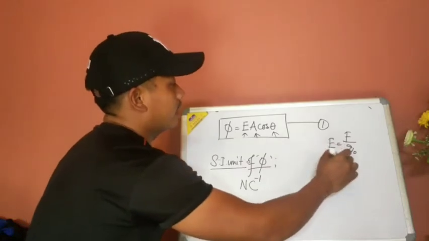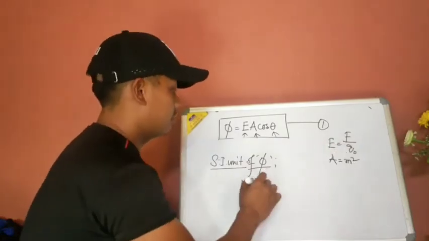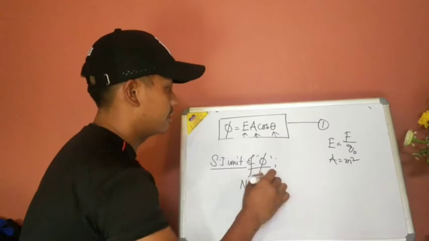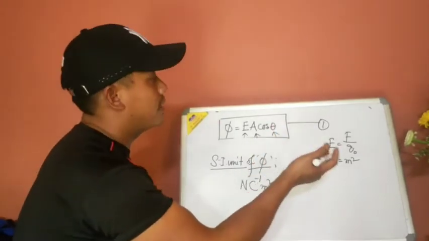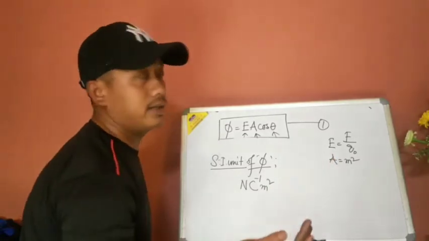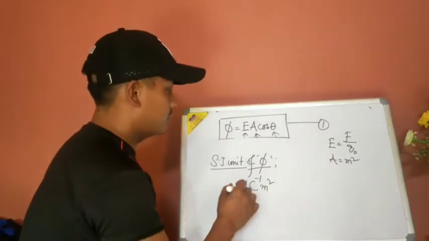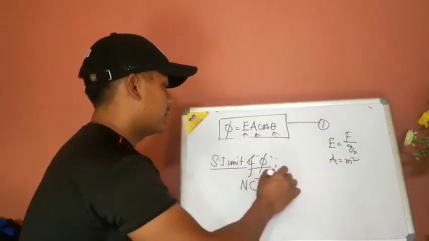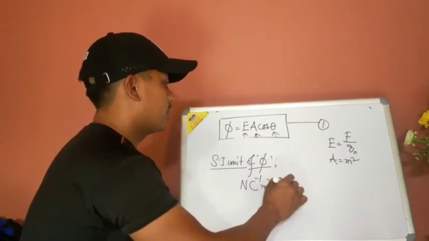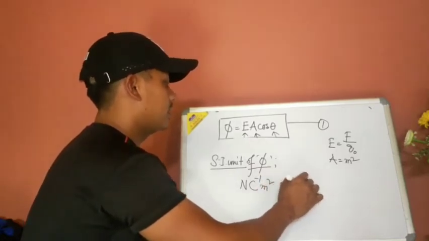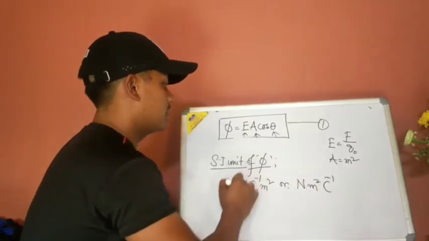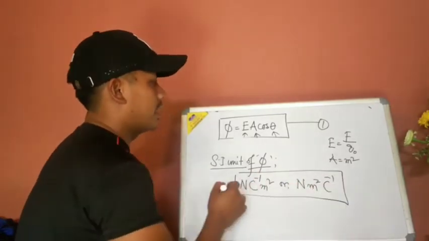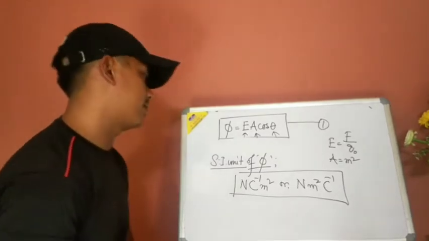Area is meter square. Cos theta value is unitless. So the SI unit of this phi will be Newton meter square per coulomb. So this will be the SI unit of electric flux.